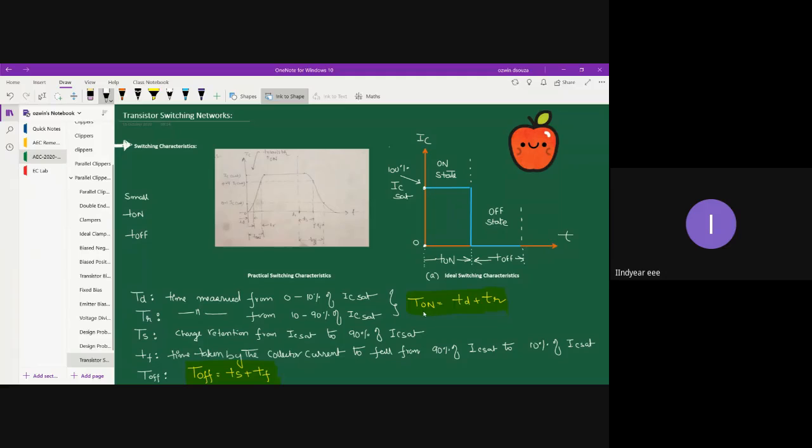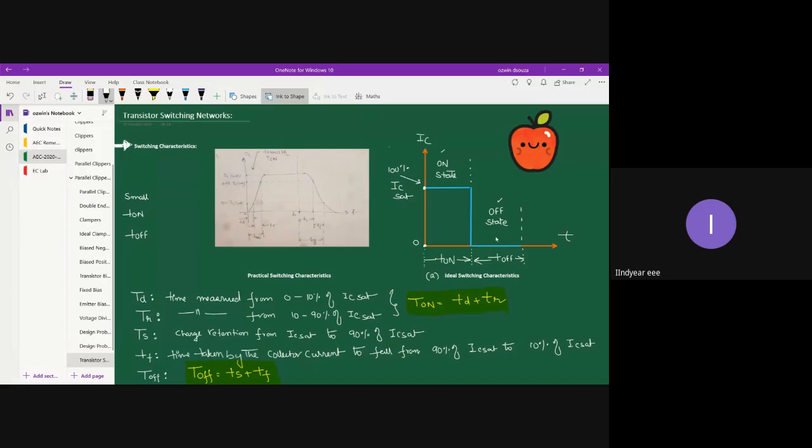What do you mean by a switch? A switch is a device which either gives on state or off state, right? You can take the example of a mechanical switch, which is used to control a typical electrical load, say a tube light. Either it gives on state or it gives off state.